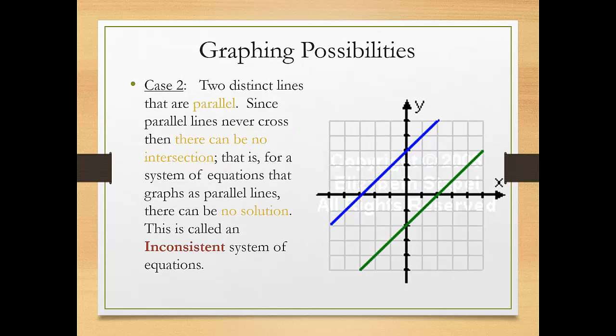Case two, two distinct lines that are parallel. Since parallel lines never cross, there can be no intersection. That is, for a system of equations that graphs as parallel lines, there can be no solution. This is called an inconsistent system of equations. As you see here, we have two parallel lines. They never cross, they never touch.